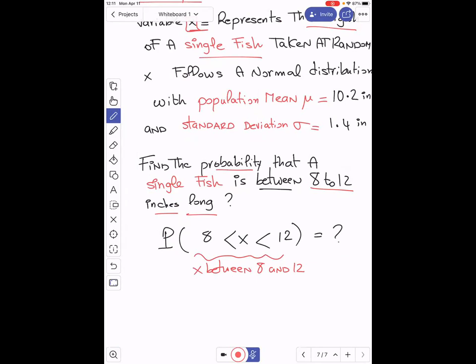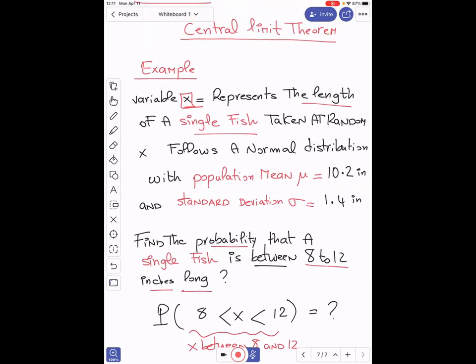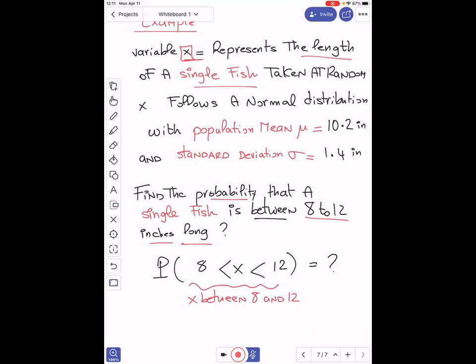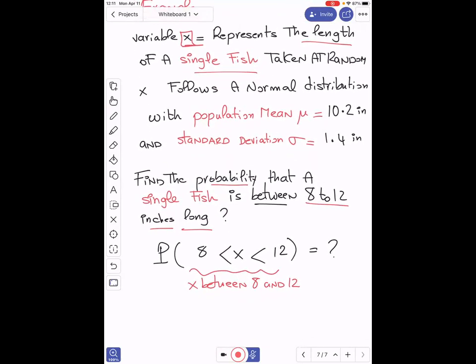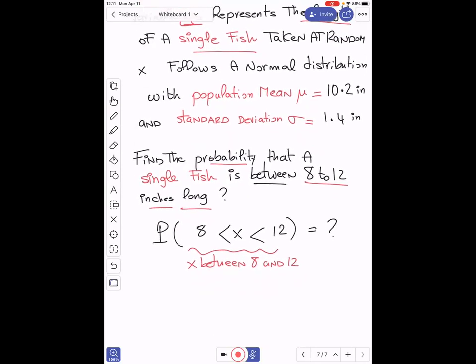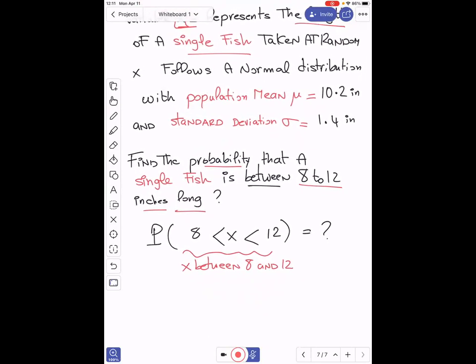We discussed this in the previous section, section 7.3. What are we supposed to do here to find the probability that x is between 8 and 12?